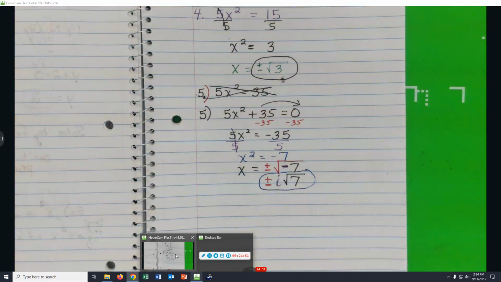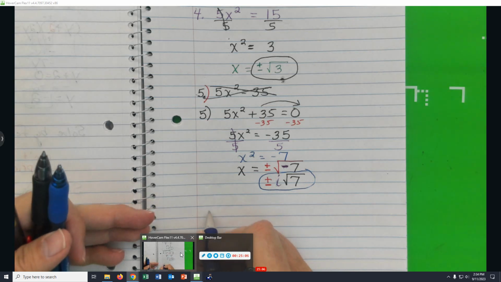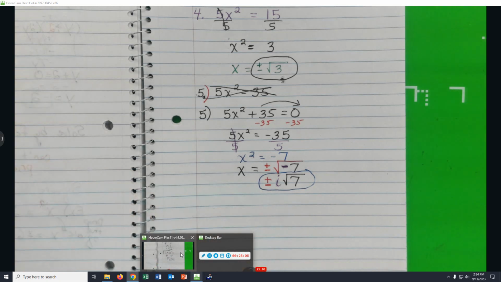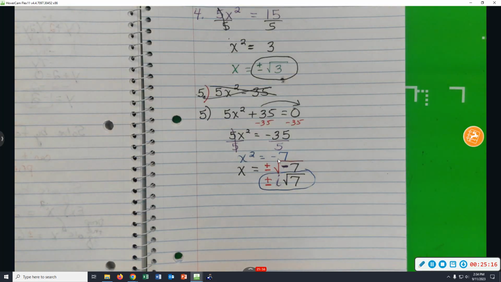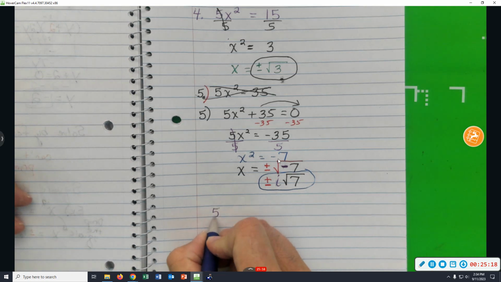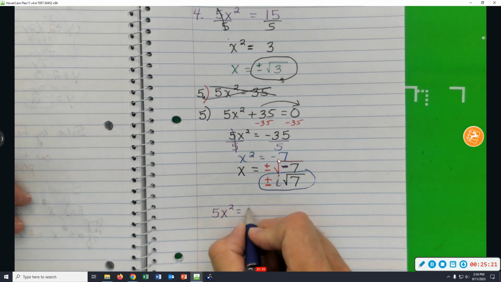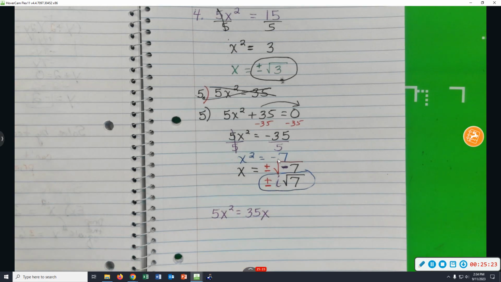This is called the square root method. Now notice, can this square root method solve every quadratic equation? Well, no. Okay? If you had something like 5x squared equals 35x, could you solve it using the square root method?